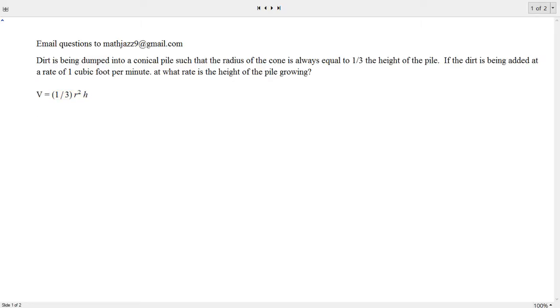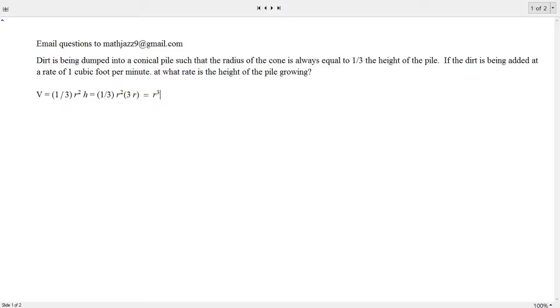So we could either take the derivative now, or we can use the relationship between the radius of the cone and the height of the cone. In fact, I think that we should probably do that. The height of the cone is always going to be 3 times the radius. So this is going to be 1/3 times r squared times 3r, which is just r cubed.